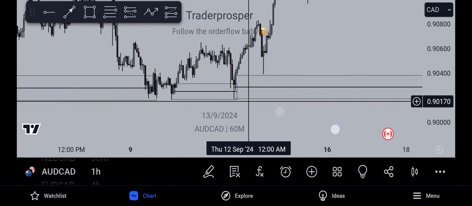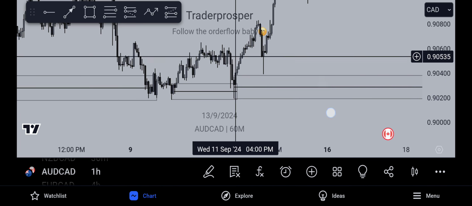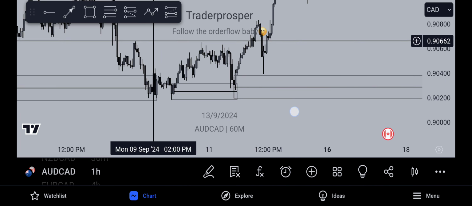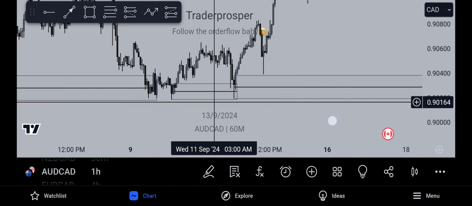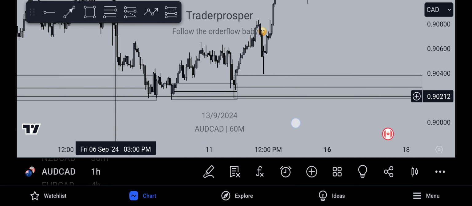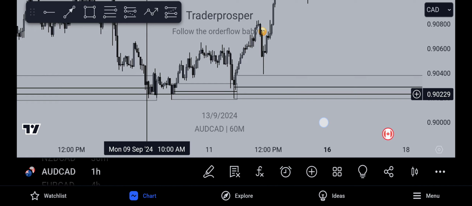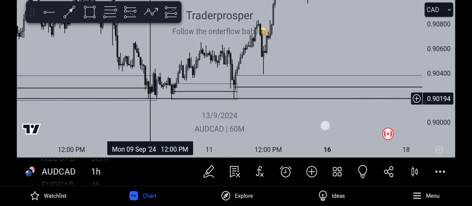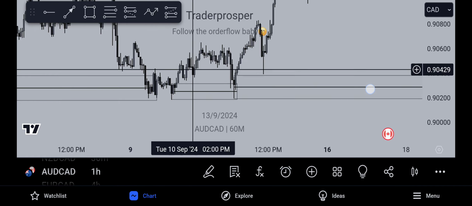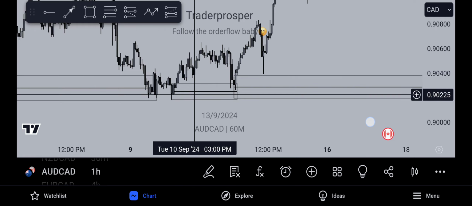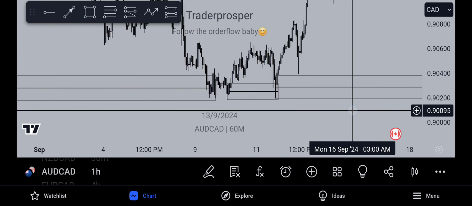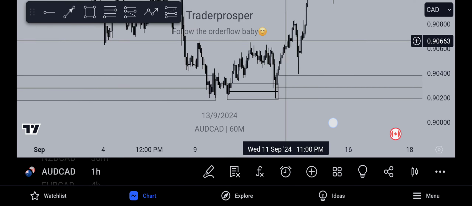So you could have started buying from here, but I was like, okay, let this high be taken out first before we consider buying. But the fact is, we were already coming from a higher time frame zone and we already had our sweep and inducement. So this buy was very, very valid, but I was just hell bent on waiting for this high to go.